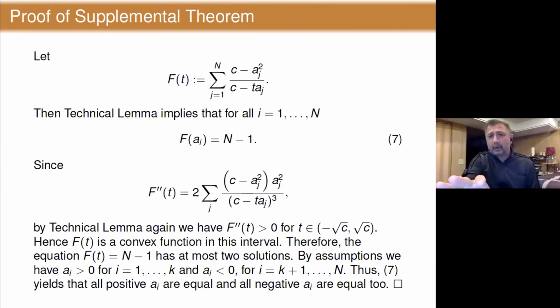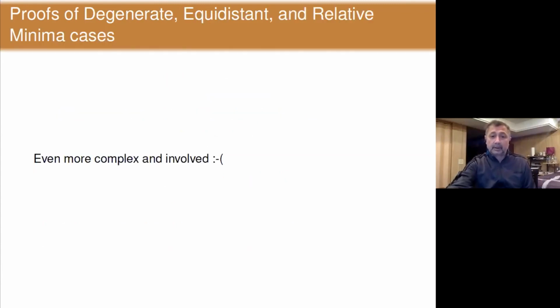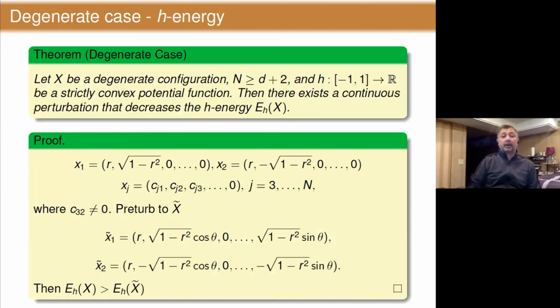By this point, we have proven that the best or the optimal configuration is the two simplexes. But there are classifications of the relative minima or the critical points, saddle points, that require much more, all right? And this is the proof of the degenerate case.